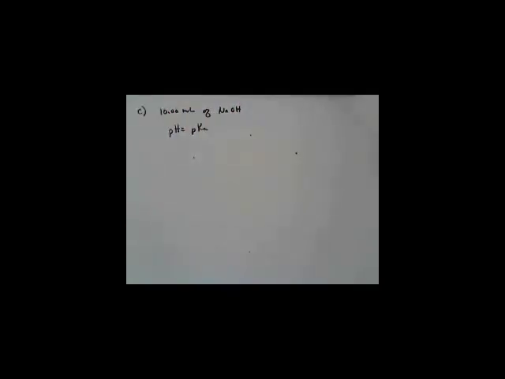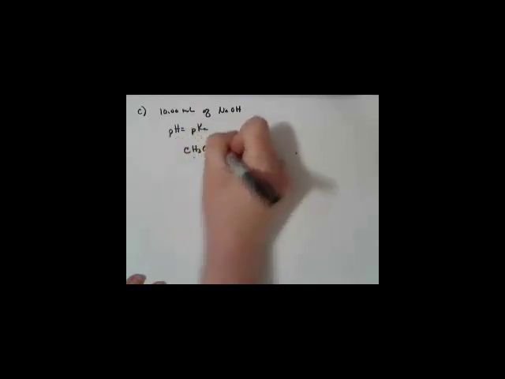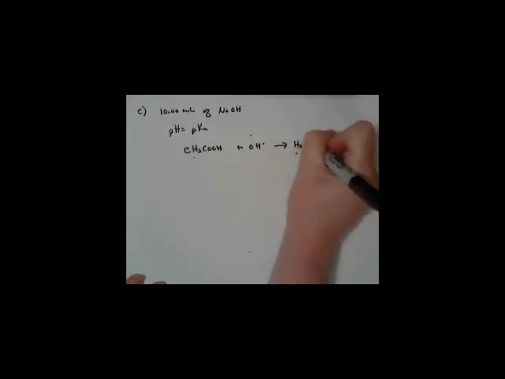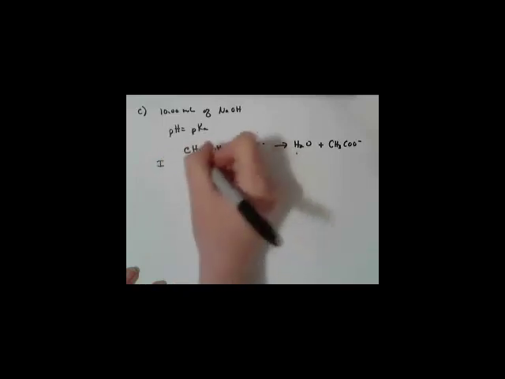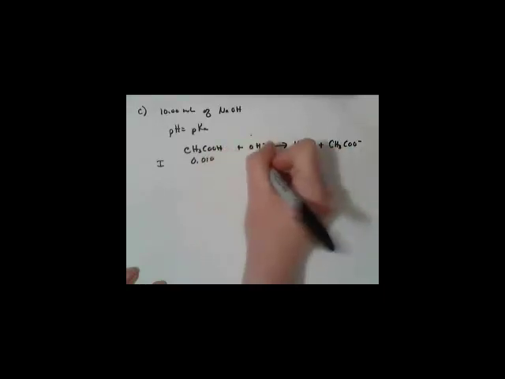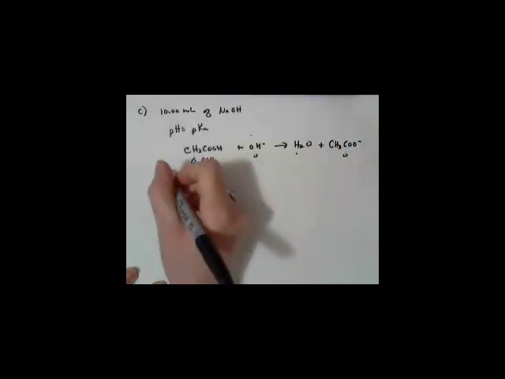But let's just go ahead and write the reaction again. Acetic acid plus OH is going to give us water and, of course, acetate ion. And so our initial amounts here, initially we have 0.01 moles of acetic acid, 0 here, and of course 0 here, or approximately equal to 0.